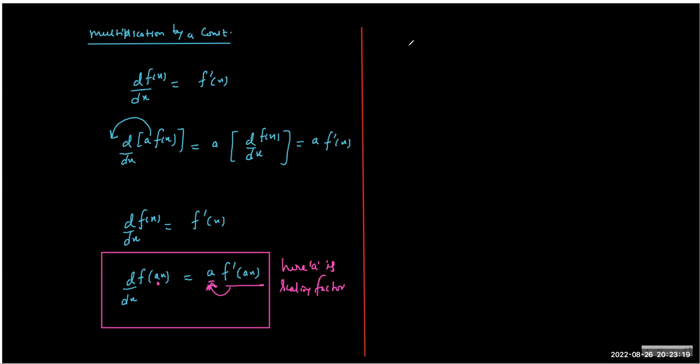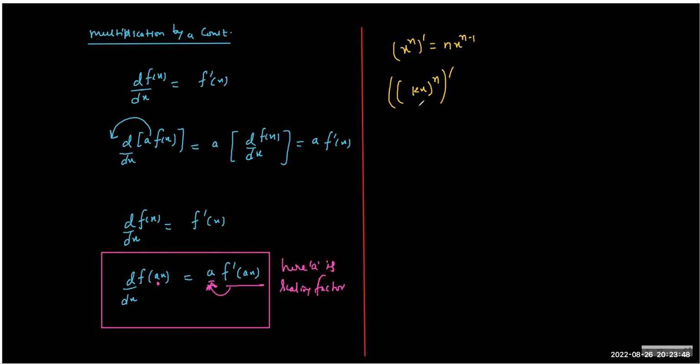So let's say you know the answer that x power n, if I differentiate, I will get n x power n minus 1. So here the input is x. What if I write kx power n, and then you are trying to find the derivative of this. So the input was x. Now the input is what? kx.